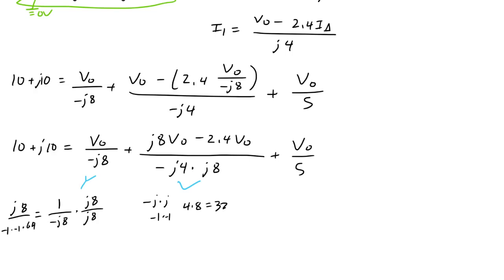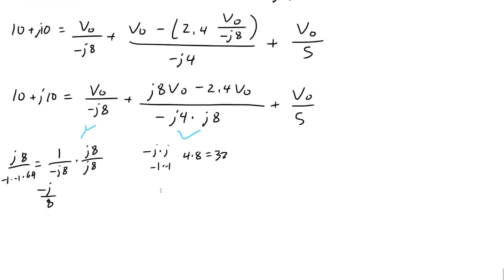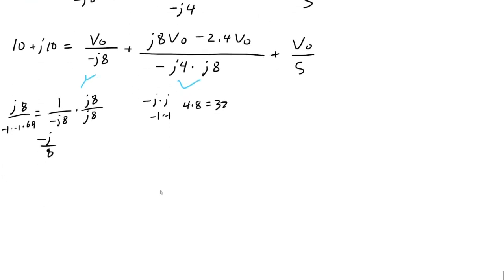So it's going to be minus J over 8. Okay. So let's go ahead and get into final form. JVO over 8 plus 8 minus 2.4 VO, no, sorry, I did it backwards.